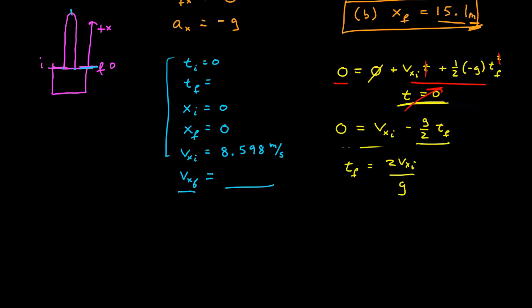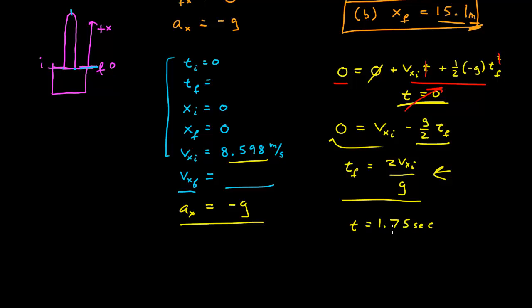When I subtracted this on the other side, it became positive, and then I divide both sides by g over 2, and I get this expression for my final time. Now I can go ahead and plug in numbers for this, and g is 9.8. Oh, I didn't even notice that, my acceleration is negative g in the x direction. But putting in those values, I get for my time 1.75 seconds.